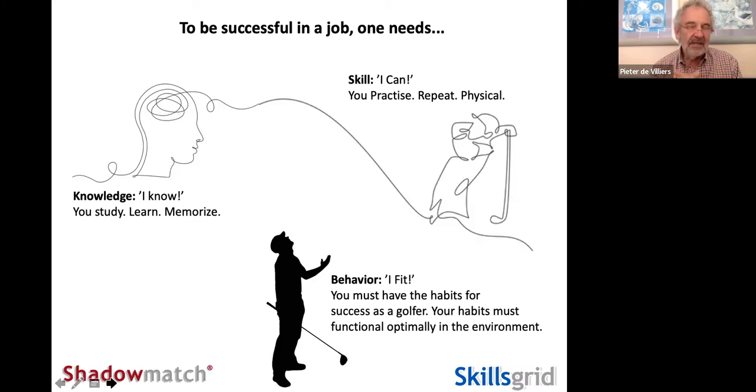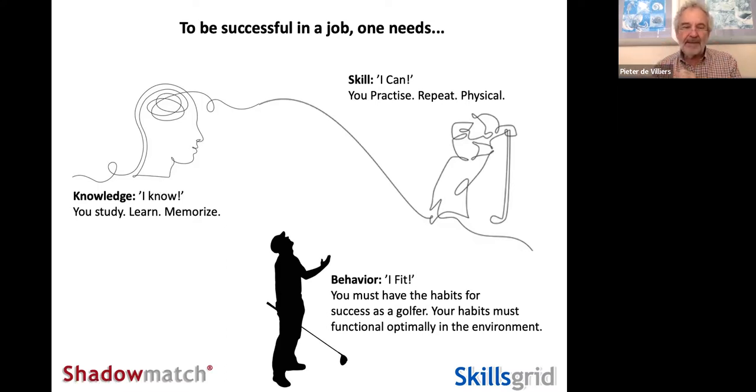So these are some of the interesting things why we cannot guess what the behaviors are for success in a specific job. Your habits must function optimally in the environment where you play the game. So this is the environment issue of where we have to execute this skill with the knowledge that we have about the job at hand.